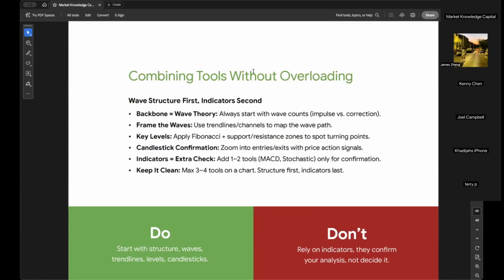And now what we are going to look into is basically understanding how we don't overcomplicate things. So I've gone quite deep into Elliott wave theory and identifying your trends, the longest wave, the shortest wave, etc. But what you guys really need to understand is how not to become overwhelmed with everything that I've said to you.